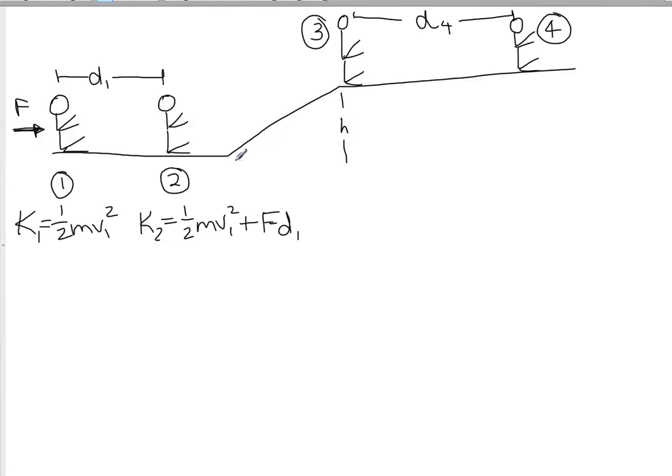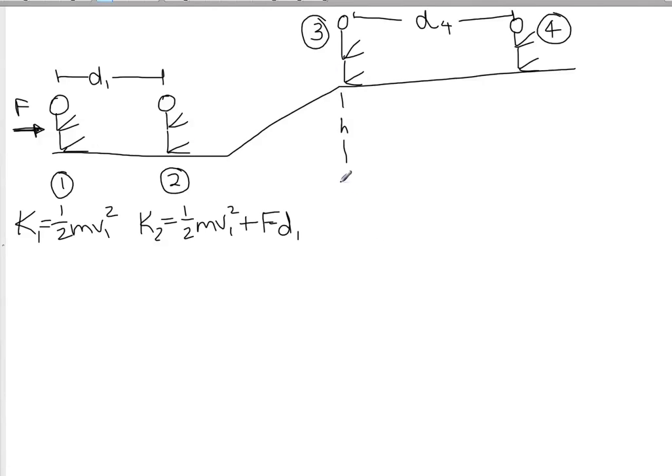Now, in this part of it, he's going to go up a hill. As he goes up the hill, some of his kinetic energy is going to be changed into potential energy. So when he gets to the top of the hill, he has less kinetic energy because of the potential energy that he gained.